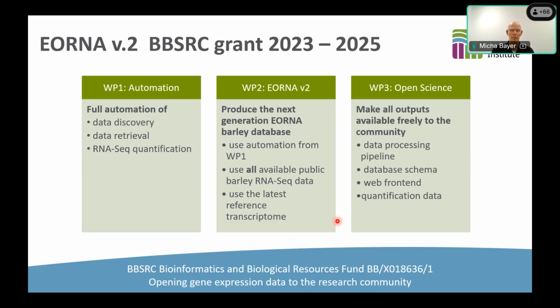And then the third work package was about open science, really, and just taking the whole infrastructure that we had created and making that available freely to the community so that people can make their own EORNA databases for other species. So that included our data processing pipeline, the database schema, the web front end, and also the quantification data from this project.